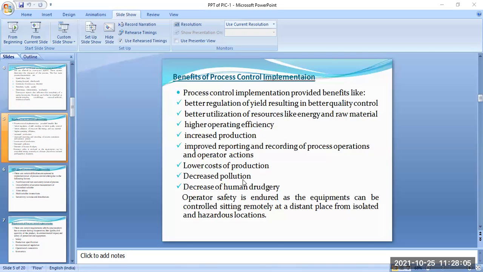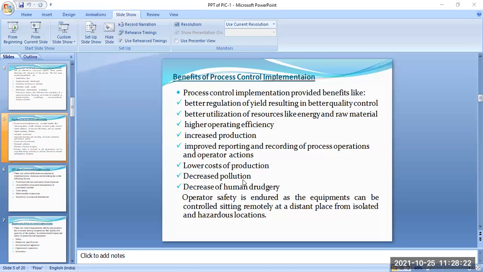So all of you have seen different types of industries and different areas you have to follow. Different types of pollution are increasing, that means air pollution, soil pollution, and water pollution.